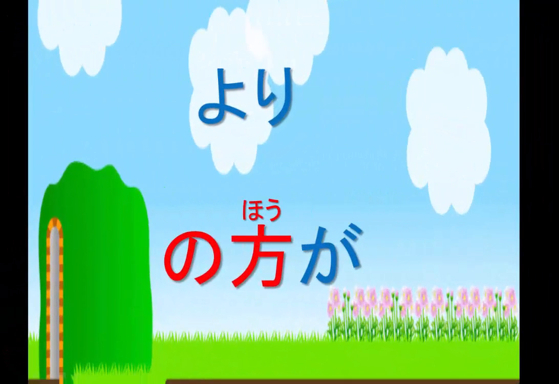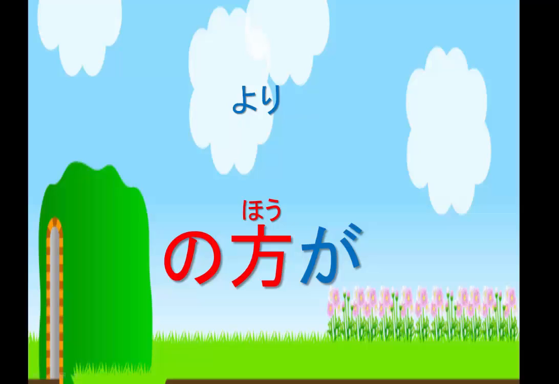Now these are the two words that we're going to need to make our answer. And the first one is yori. Now yori goes after the word which is less of the adjective that we're using to compare the two. So yori is very much like compared to. So I put that after the A, which is going to be less of the adjective.